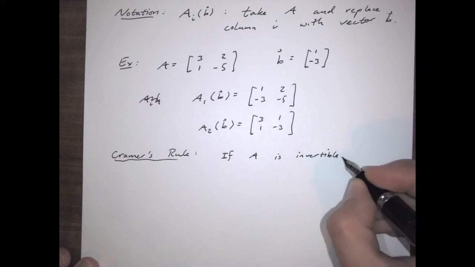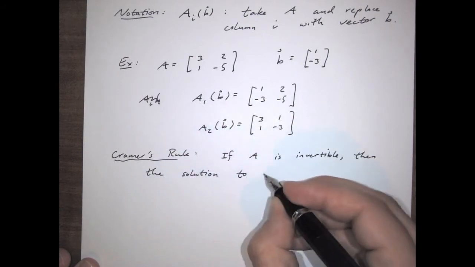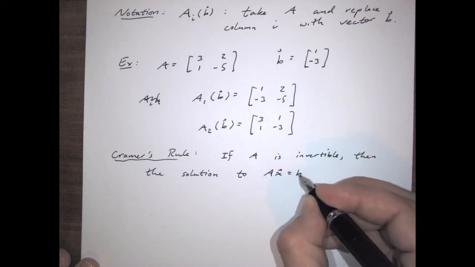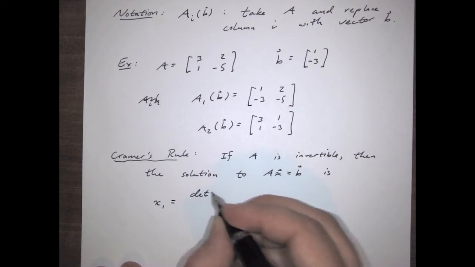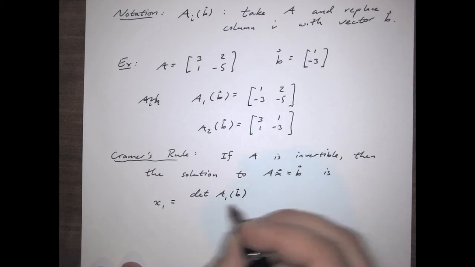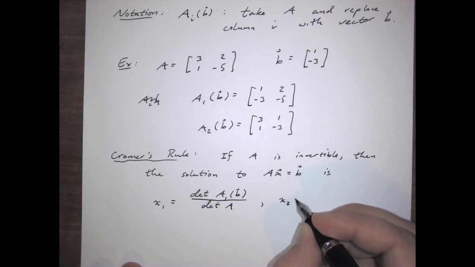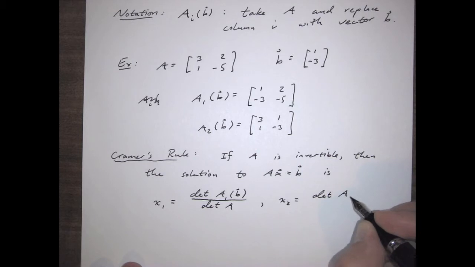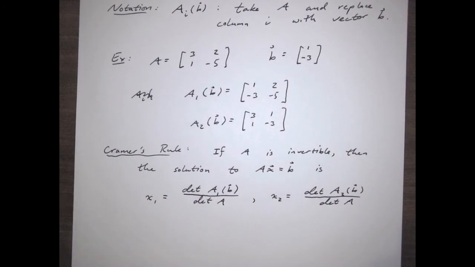So if A is invertible, then the solution to AX equals B is x1 is equal to the determinant of A1 of B over the determinant of just A, x2 is equal to the determinant of A2 of B divided by the determinant of just A. And if there are any more variables, which we won't usually use Cramer's rule for more than 2 variables, but there's no law against it, it would continue like that.